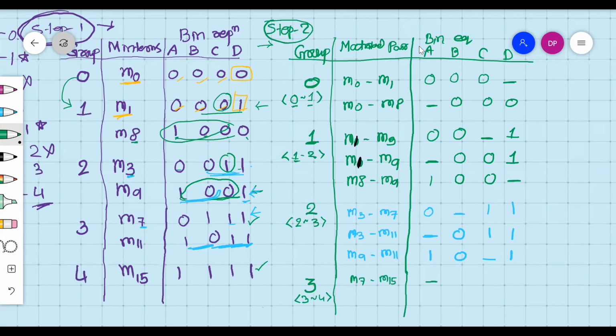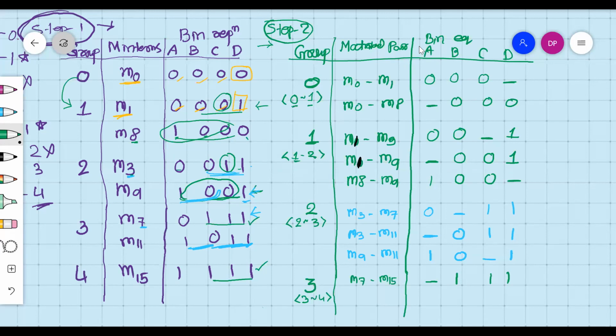Only the first bit changes. Then this is 0, 1, 1, right? M7, sorry, 1, 1, 1. Okay, M7 and 15, these three are same. The first one differs.